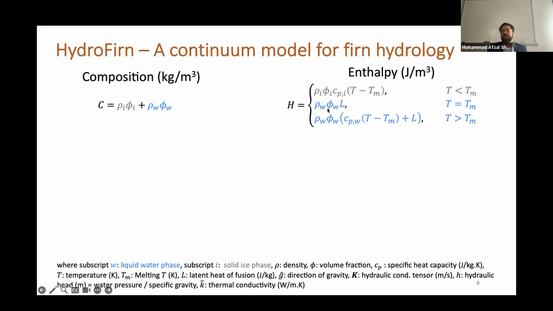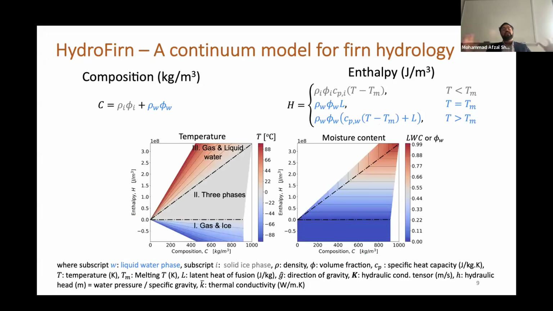So density of liquid water times volume fraction times latent heat. But if the temperature is greater than the melting temperature, you also have an extra term from the sensible heat of liquid water. Using composition and enthalpy, you can define all of the thermodynamic variables of the system, for example, temperature and moisture content. Here on the x-axis is composition, on the y-axis is enthalpy.